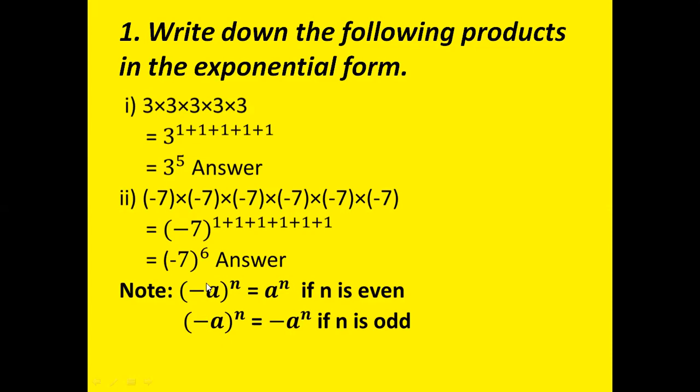I repeat: if a negative base has an even power, its value will always be positive. If a negative base has an odd power, its value will always be negative. You have to keep this in mind carefully. Remember this; it is a very, very important thing.